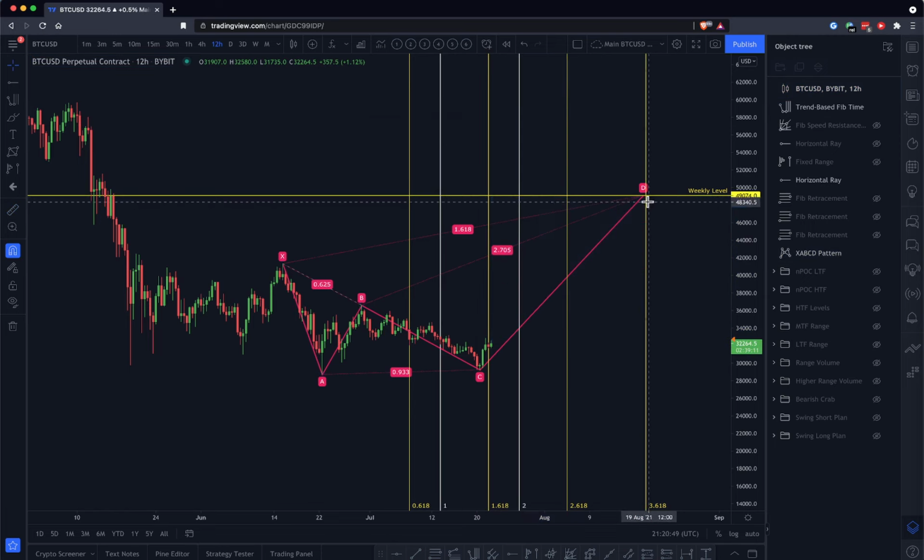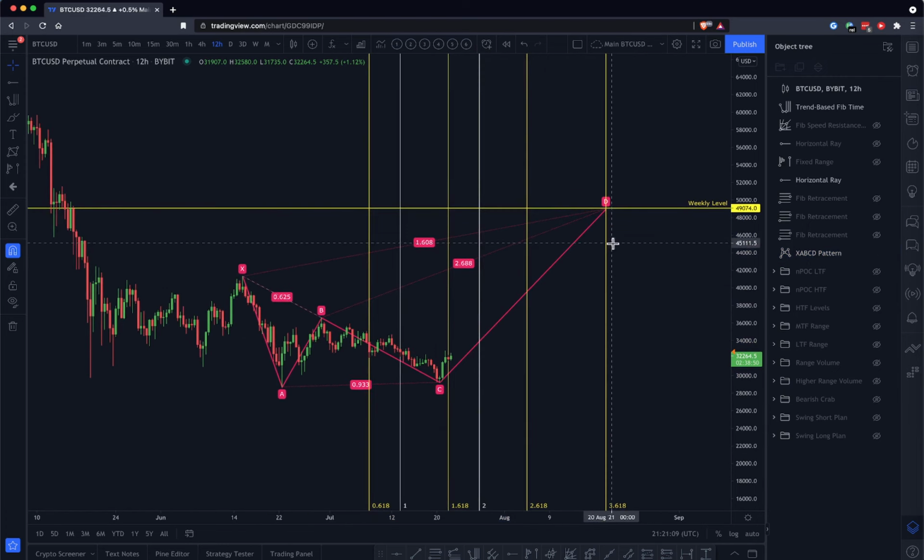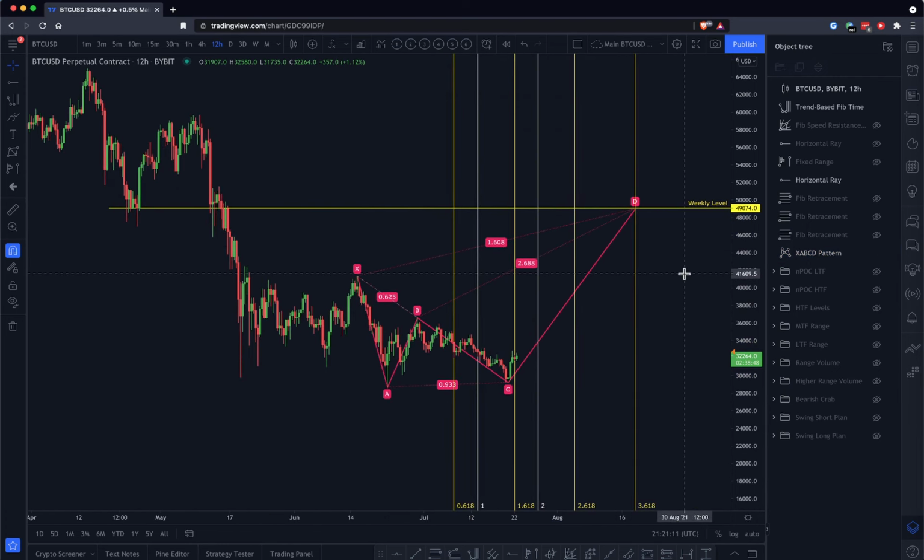So between 13 to 28 days, if everything goes perfectly for this bearish crab, it should reach it either around 5th of August, or alternatively around 19th of August. Both of them can happen.